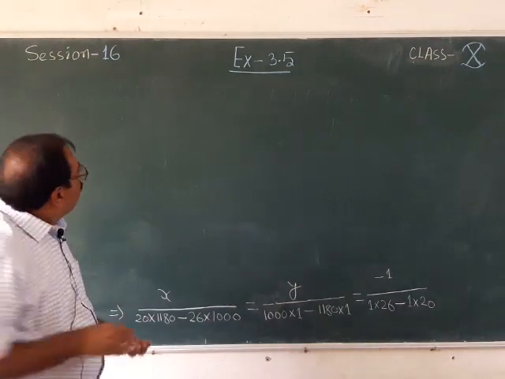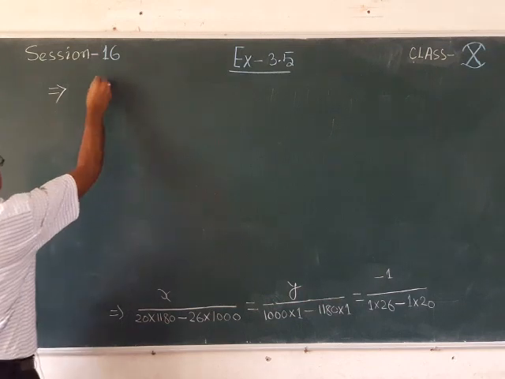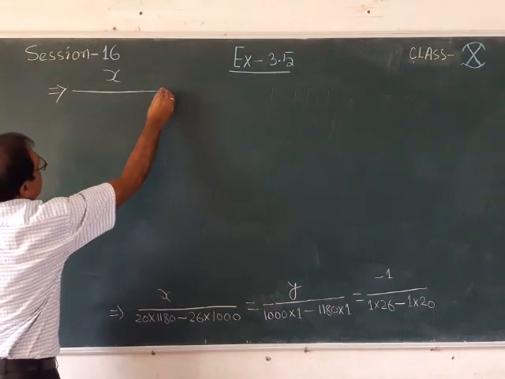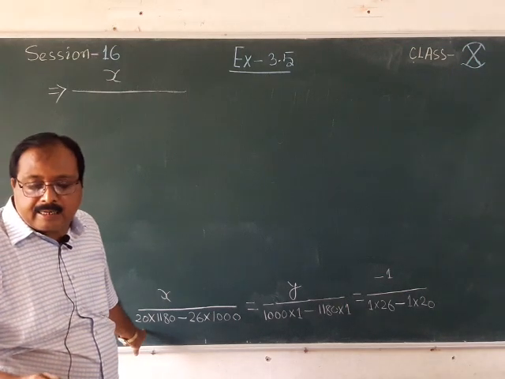Now we need to multiply. You will write x upon here 20 multiplied by 1180.